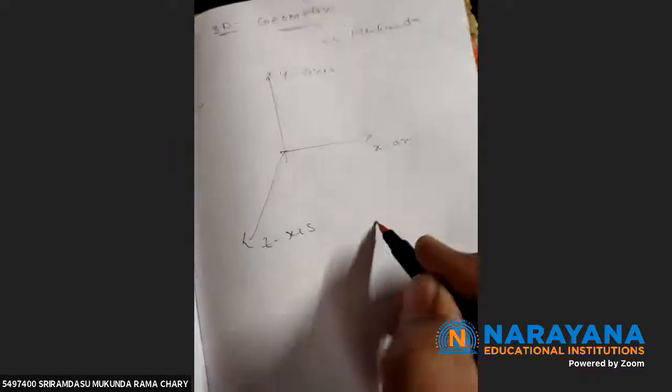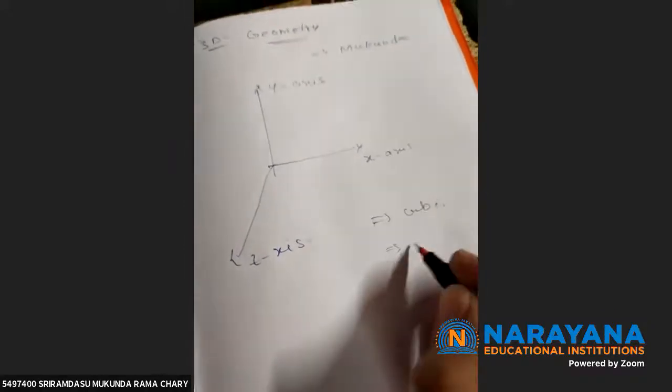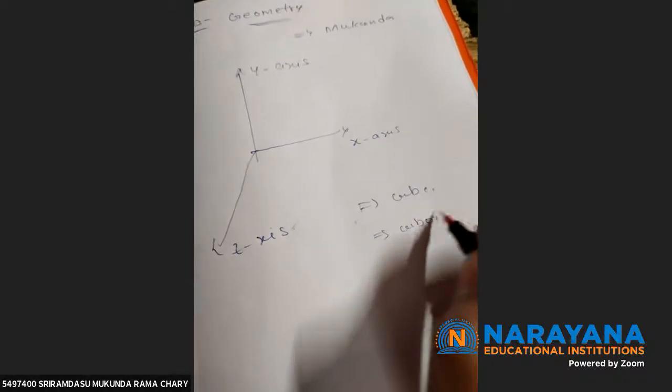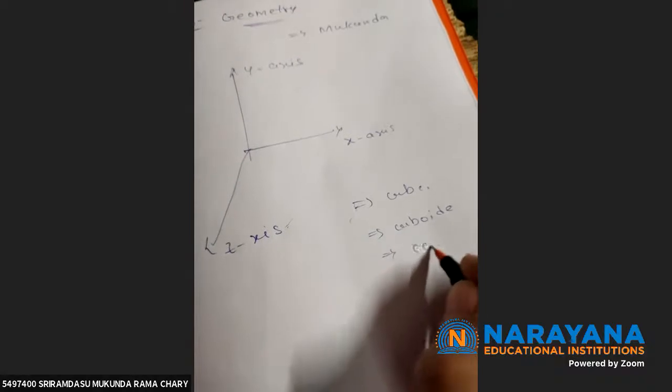Now 3D means we know the figures, examples of cube, cuboid, cone. Now we see how the 3D figures are there and what is the geometry of these figures.